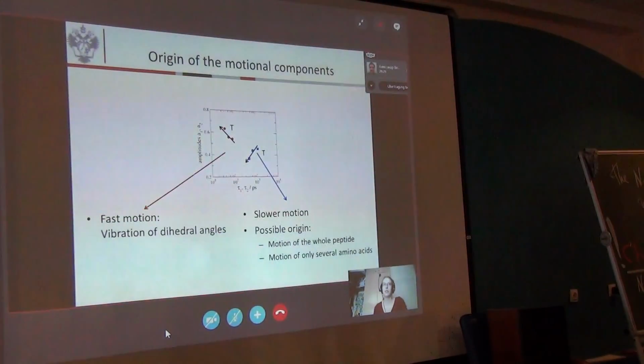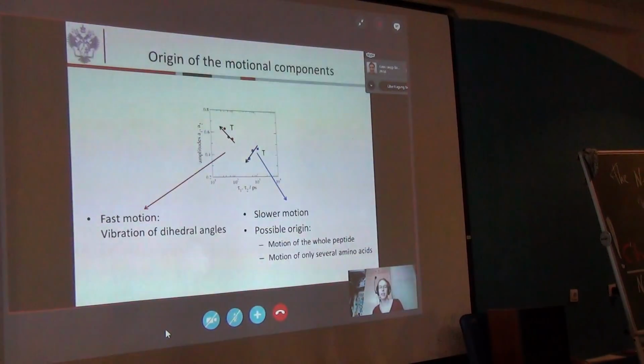I introduced the motion model that we used, and that we have two motion components. We know that the origin of fast motion is vibration of dihedral angles, but it's not clear what is the origin of the slower motion. There are two different possibilities.